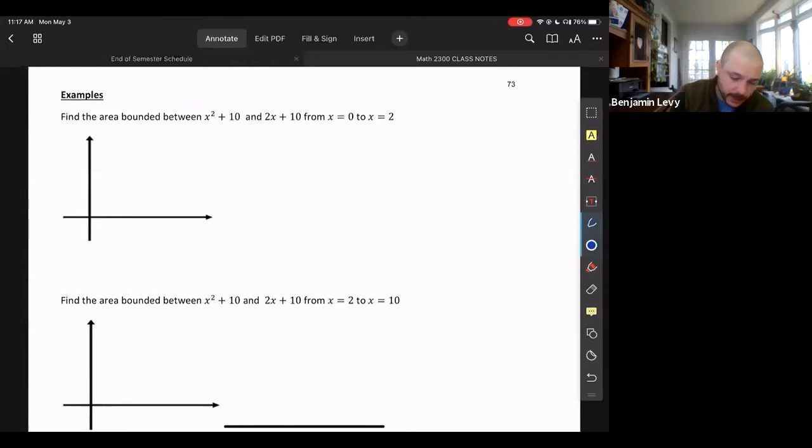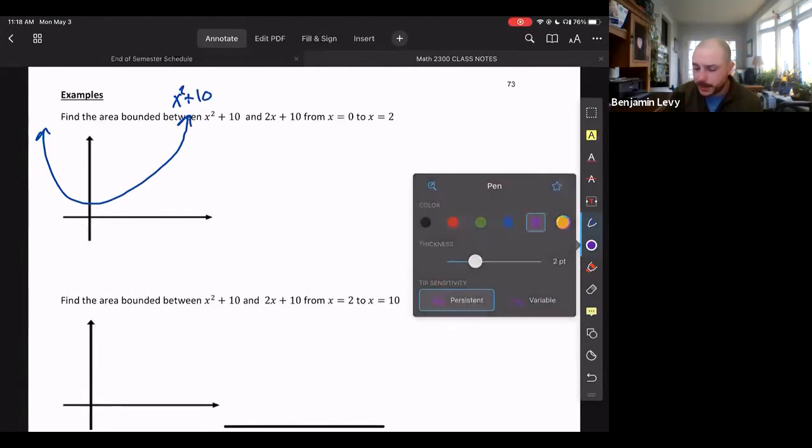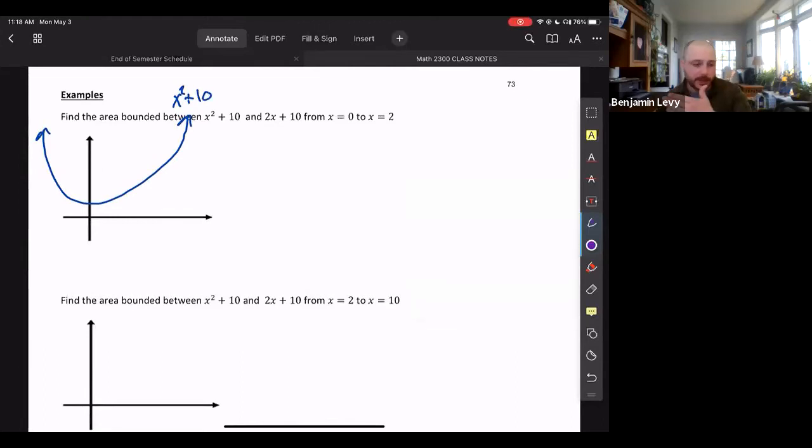So x squared plus 10 kind of looks like this, a really general, ugly version of that. And then 2x plus 10 is a straight line that cuts through it and makes an area. We'll see, it makes something we can find the area of.